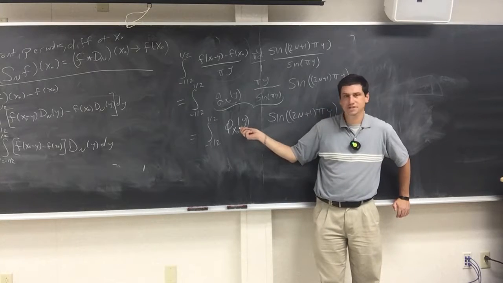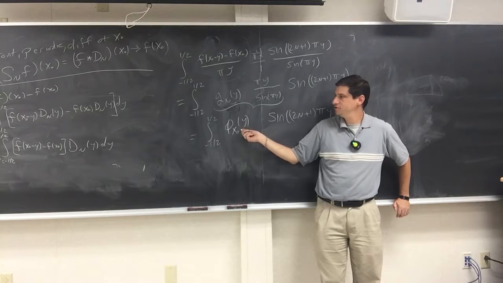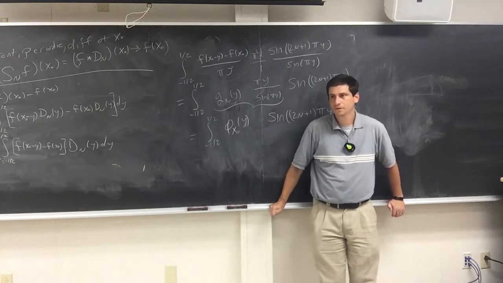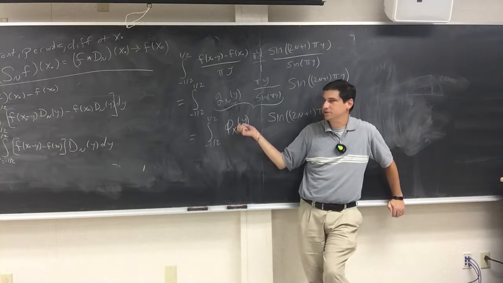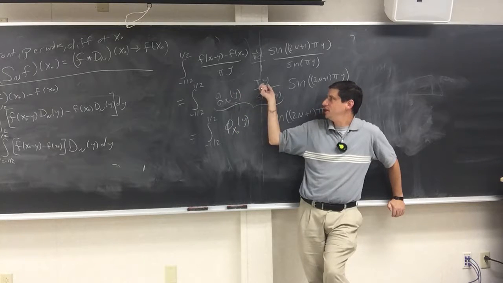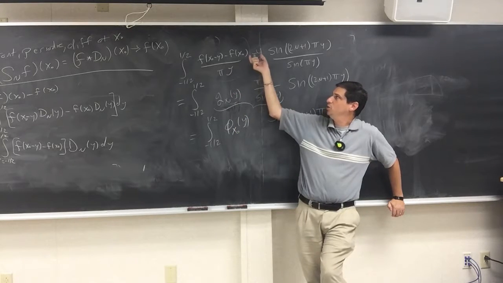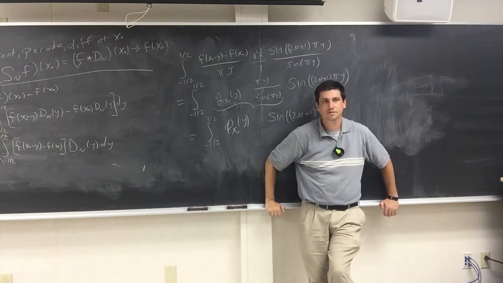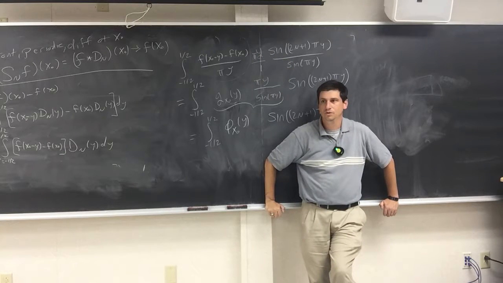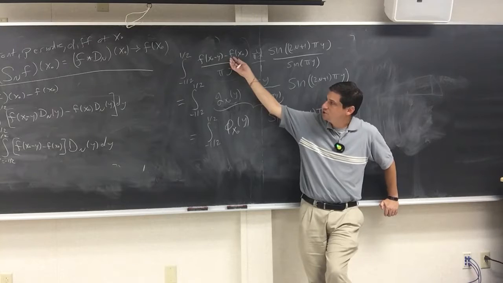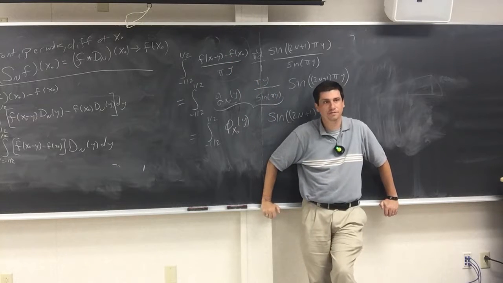What kind of function is this? So what can you tell me about this function phi of x naught? It's g of x naught times pi y over sine pi y, or expanding out even further, it's like this. What do we know about f, and how does that knowledge of f propagate down to phi?